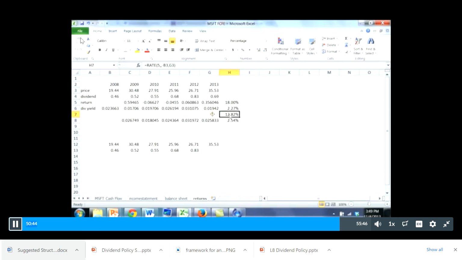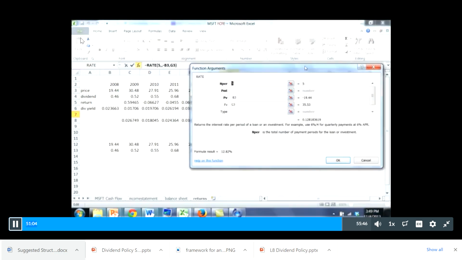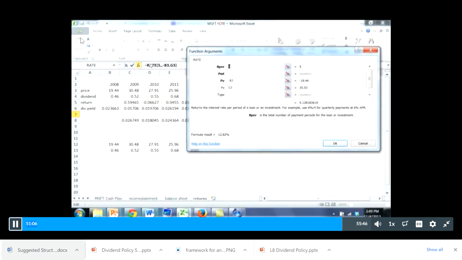And then here I also want to calculate a geometric annualized return, right? So I'm calculating the annual rate of return. I use my rate function, and I'll go ahead and pull it up so you can see what it looks like. If you don't have rate already in Excel as one of your options, if you haven't done your 3724 homework, for example, you're just going to have to search for rate.